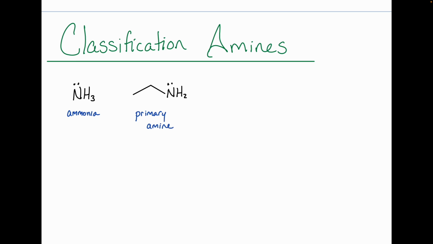All right, we can also have a secondary amine. And this is where things are a little bit different than when we talked about alcohols. Alcohols necessarily contained an OH group. So there is only one possible bond that you could create. Nitrogen can create a whole bunch of bonds. So when we talk about a secondary amine, we're not looking at the carbon, we're looking at the nitrogen itself and counting how many carbons it's bound to.